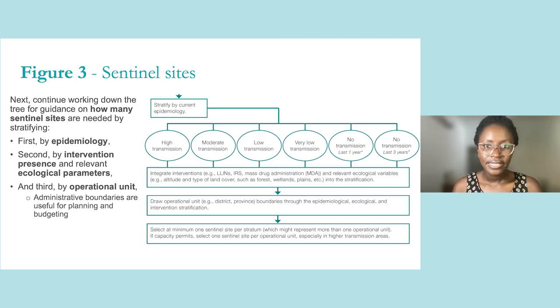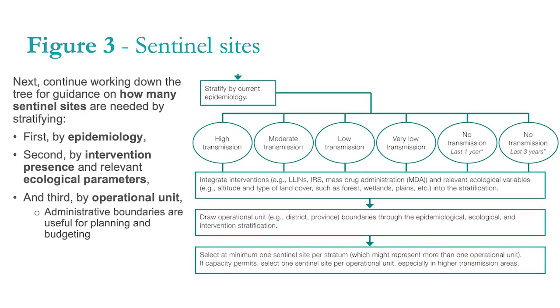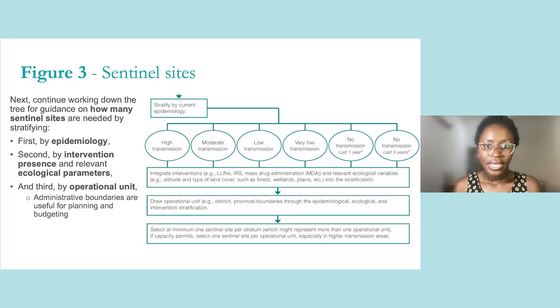The Sentinel site selection of the tree helps determine where and how many Sentinel sites you need. First, stratify your country by epidemiology. Second, include intervention presence and ecological zones in this stratification. And third, outline the operational units over this stratification. Including operational boundaries helps with logistics and budgeting.